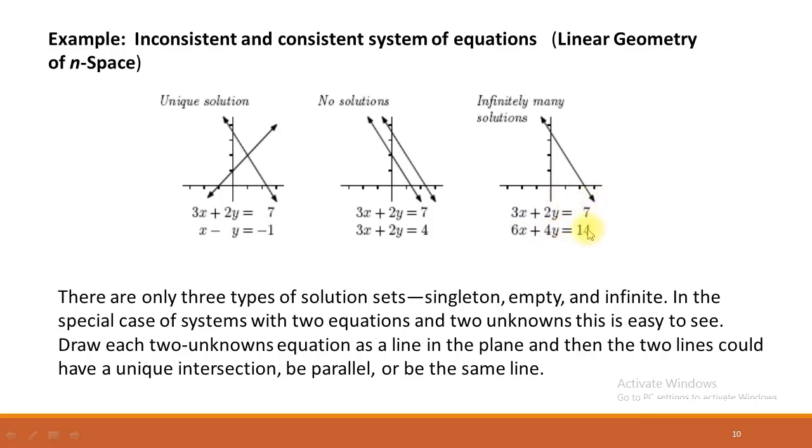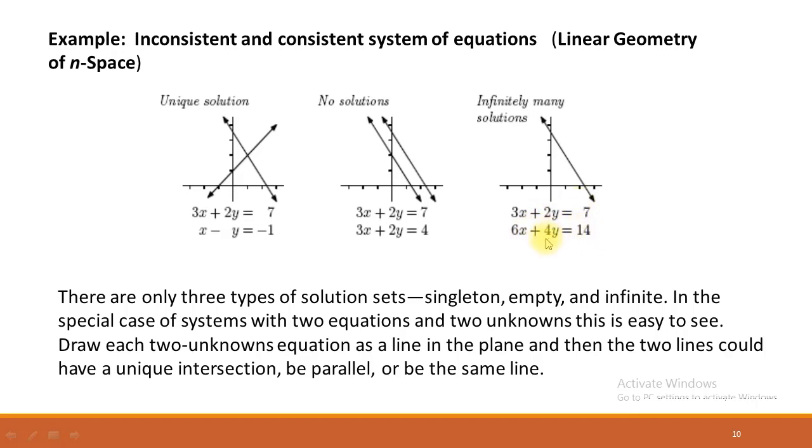is equal to 14. Suppose we want to solve this system. For the solution, multiplying the first equation by 2, we get 6x plus 4y is equal to 14, and now subtract equation number 2: 6x minus 6x is 0, 4y minus 4y is 0, 14 minus 14 will be 0.